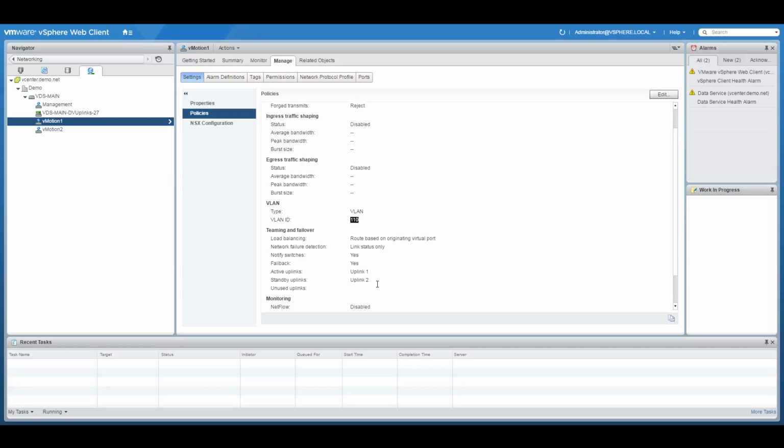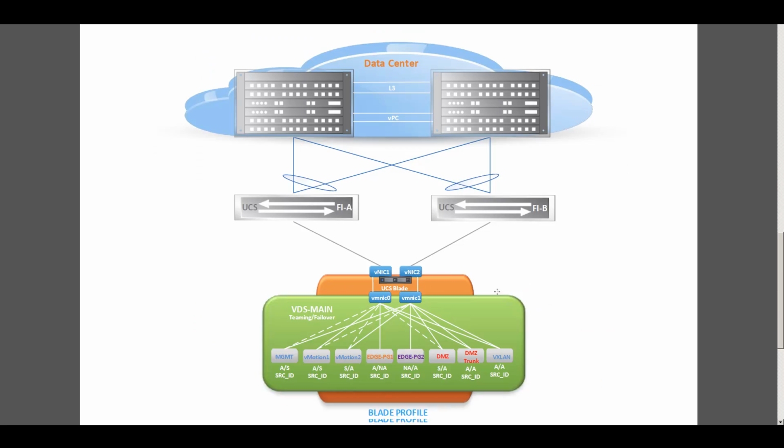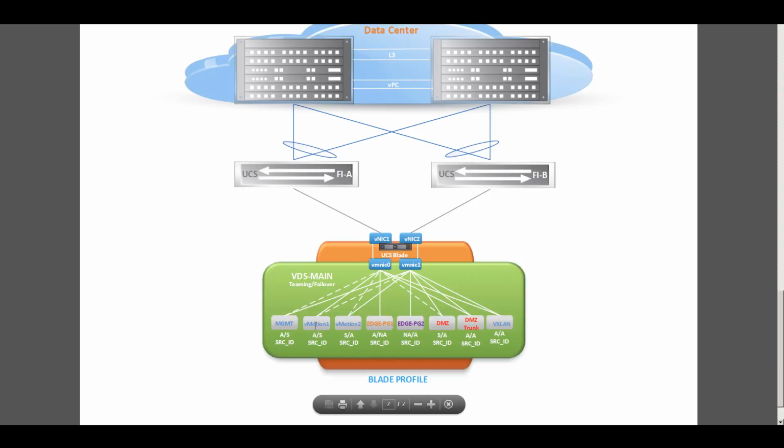As far as the active uplink, the teaming and failover policy, vMotion 1 is going to be active standby, active on VMNIC 0 and standby on VMNIC 1, and vMotion 2 is going to be standby on VMNIC 0 and active on VMNIC 1.